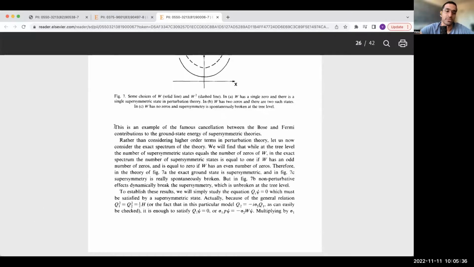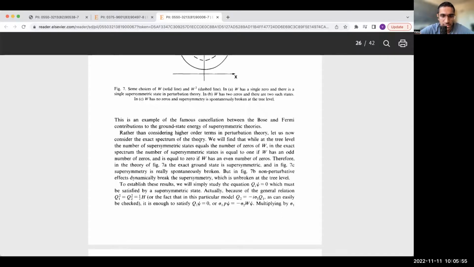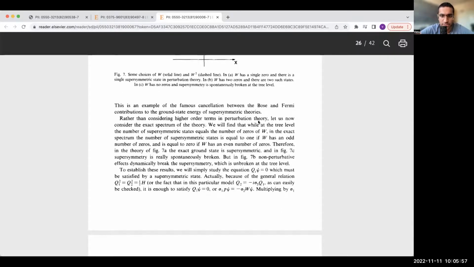And so that's what Witten comments on here, saying this is an example of the famous cancellation between Bose-Fermi contributions to the ground state energy of supersymmetric theories. That's another reason why, for instance, a positive cosmological constant is something that supersymmetry doesn't quite like either.